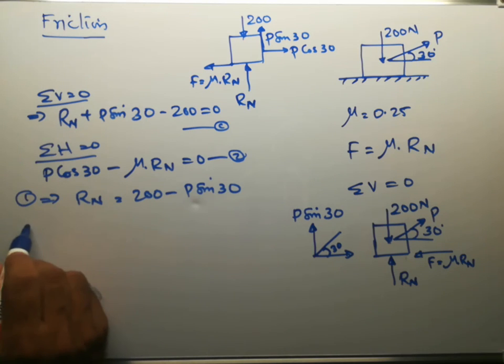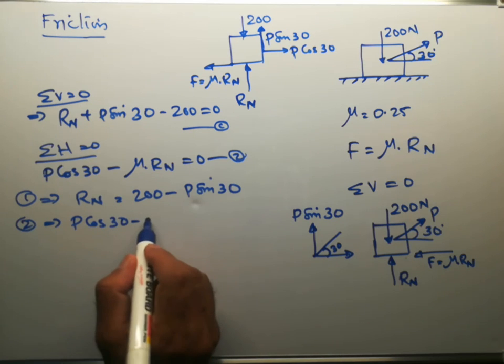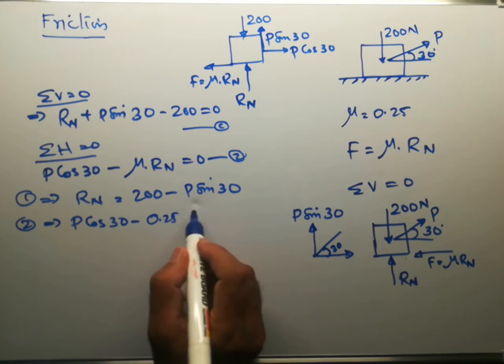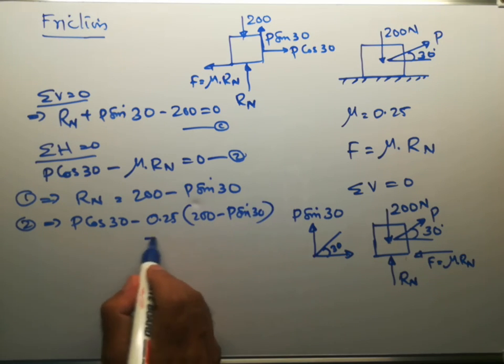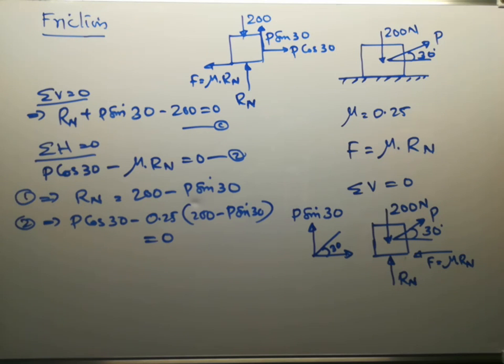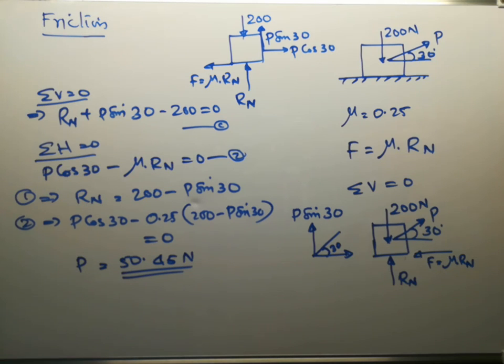Therefore equation 2 will give P cos 30 minus 0.25 into (200 minus P sin 30) equal to 0. When we substitute the values of cos 30, sin 30 and mu, we will get P equal to 50.45 Newton. That will be the answer.